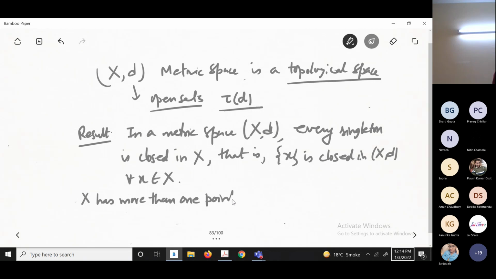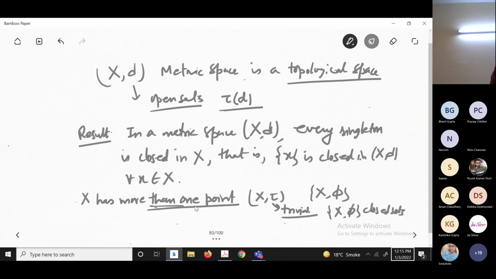If you take the discrete, indiscrete, trivial topology, here the open sets are these, so the complements will be the closed sets.